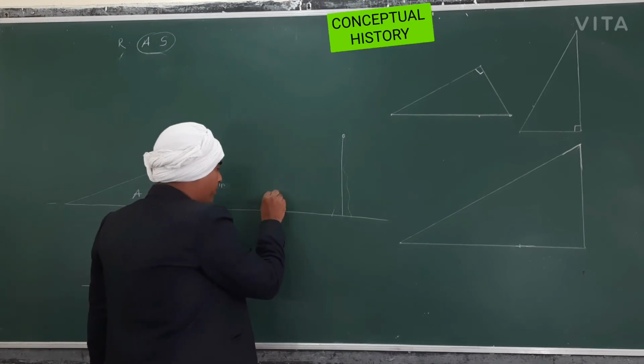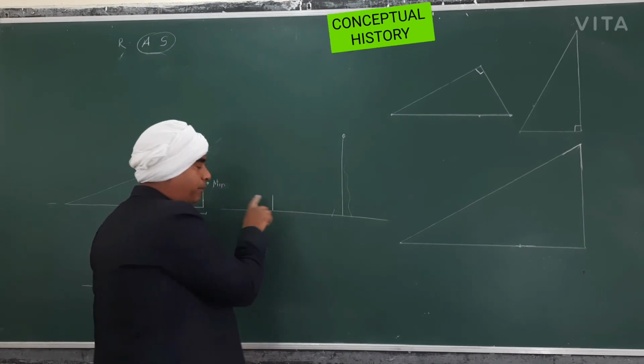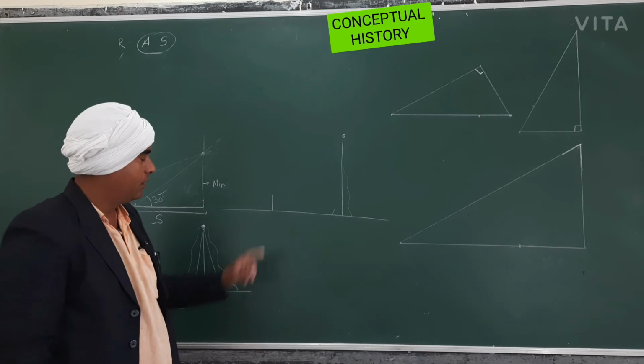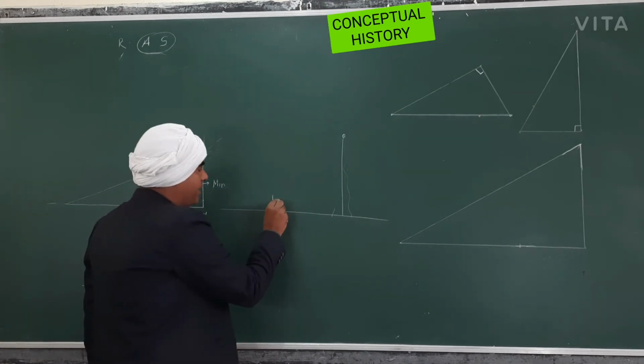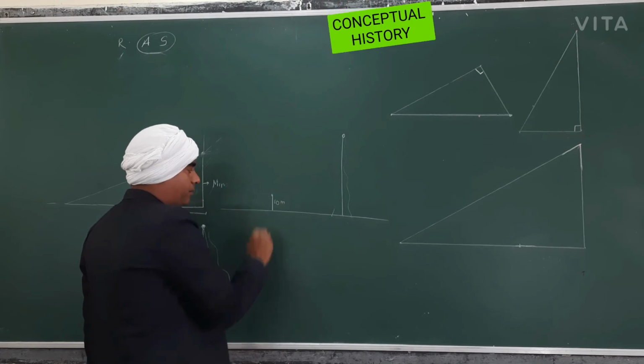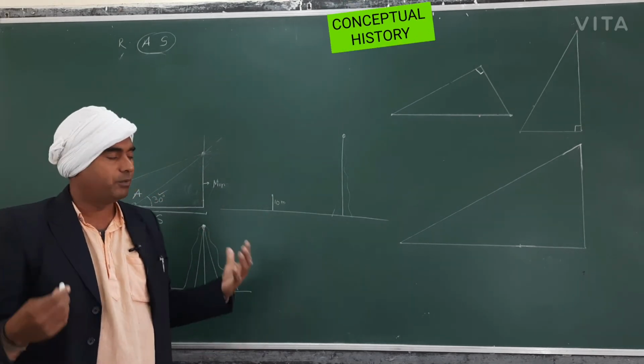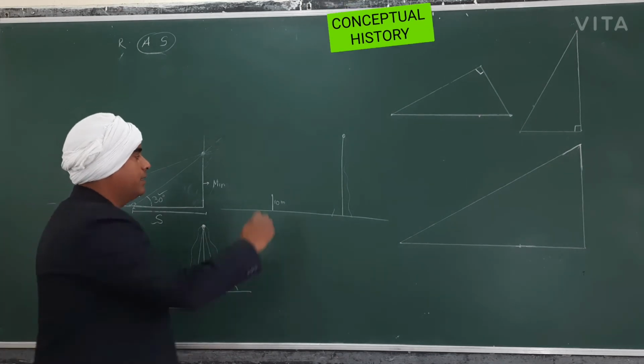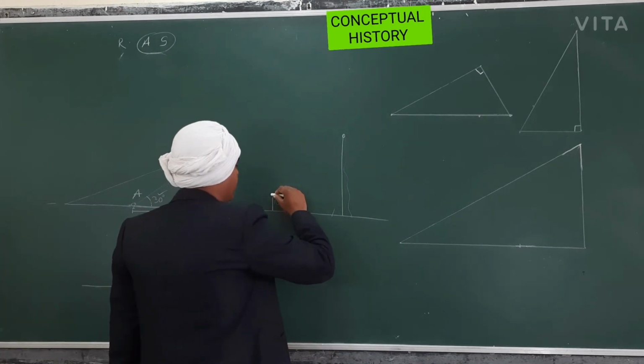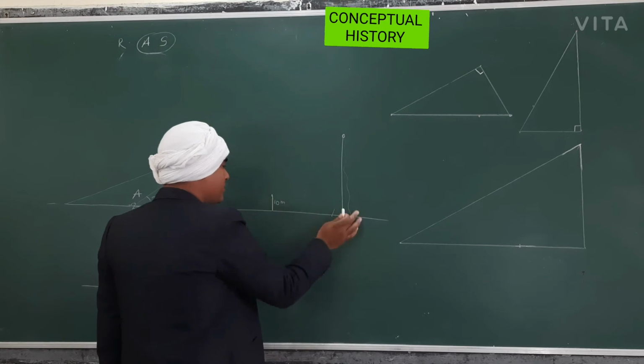He made a pole. He could measure the height of the pole. So he has taken, suppose, 10 meter height of the pole. And he waited. Pythagoras waiting. When the sun was like that, it was not in the same position.